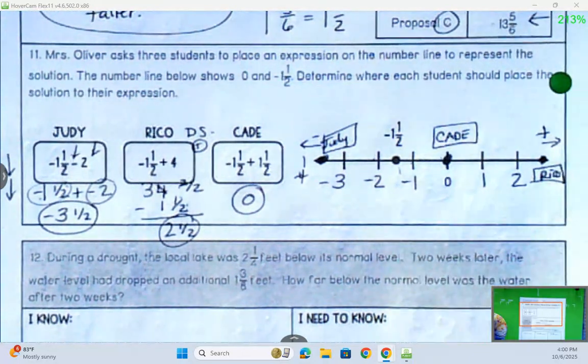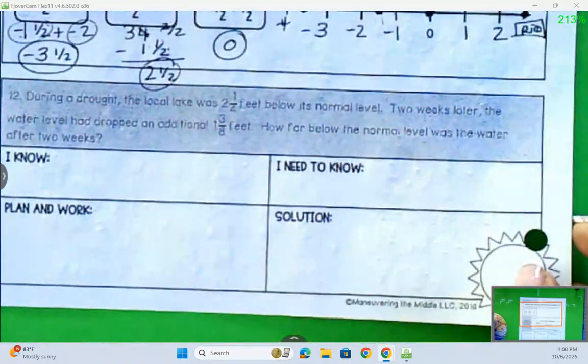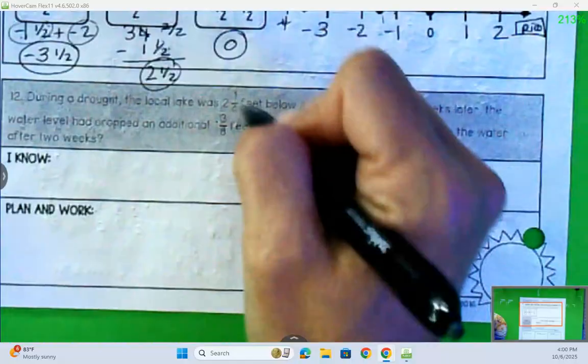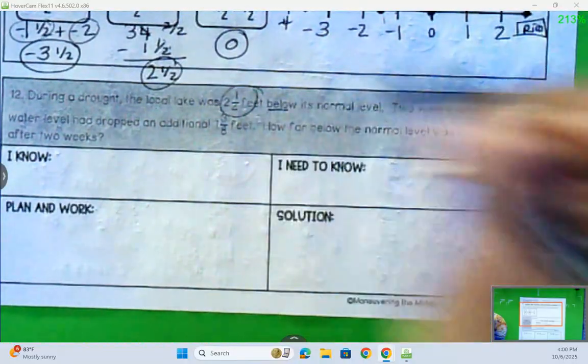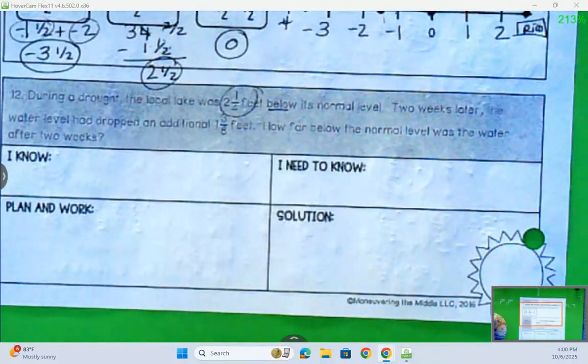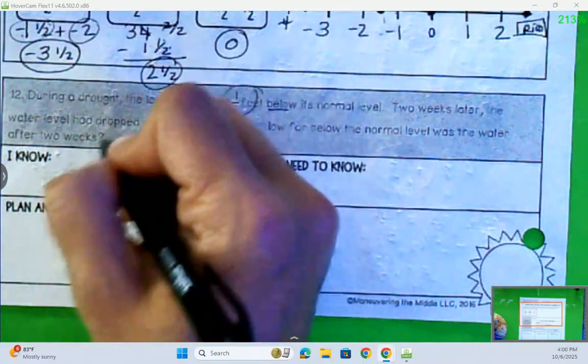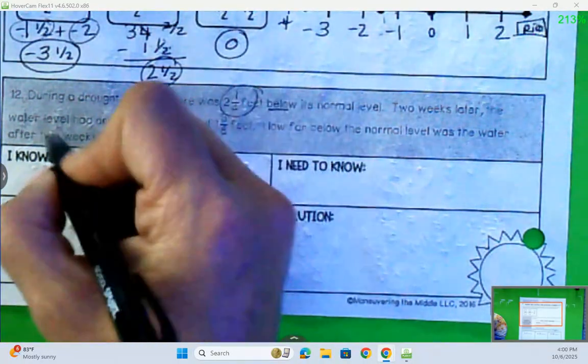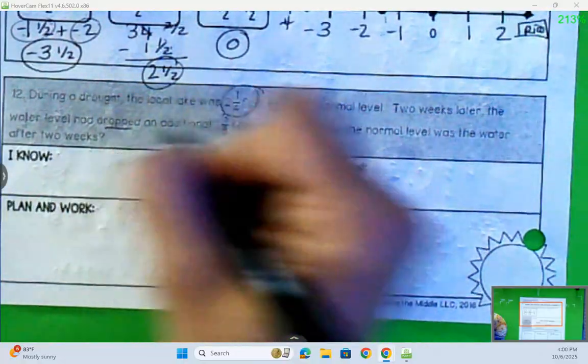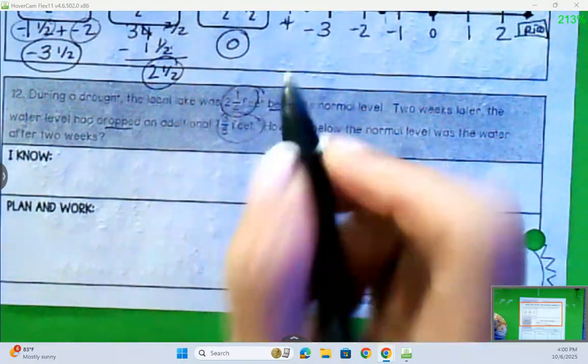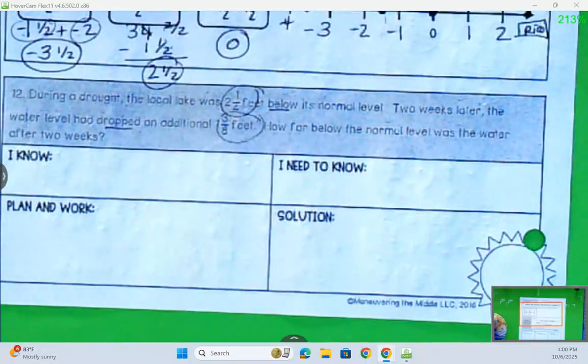Okay, last word problem. During a drought, the local lake was 2 1/4 feet below its normal level. 2 weeks later, the water level had dropped an additional 1 3/8 feet.